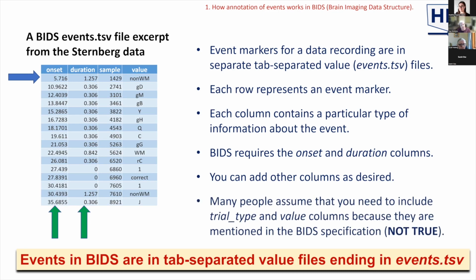One of the unfortunate things about the backstory of BIDS is that, because the trial type is mentioned as a recommended column, a lot of data sets have each event not represent an event, but a single trial.